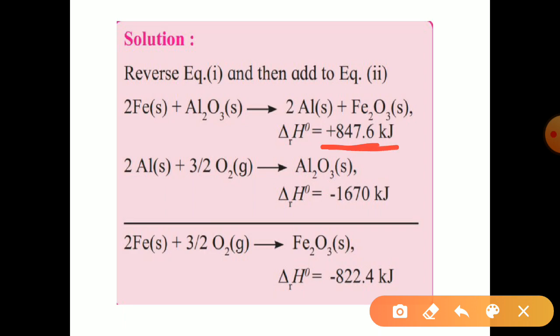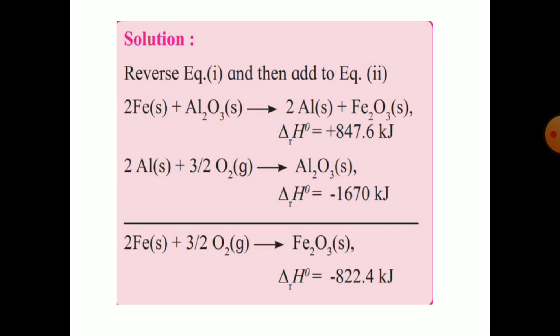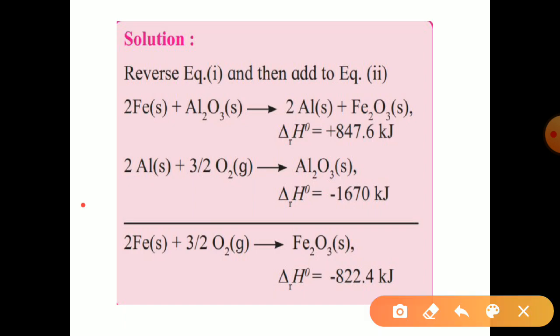And now the second reaction is written as it is, and these two are added in order to get the overall reaction. So after adding these two we get 2Al on the left side and 2Al on the right side. Similar species on the opposite sides get cancelled. Now what is left on the left hand side? 2Fe is written.